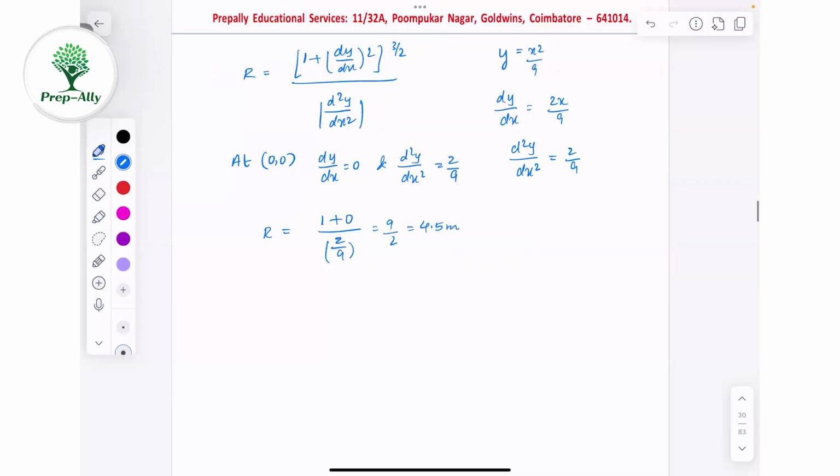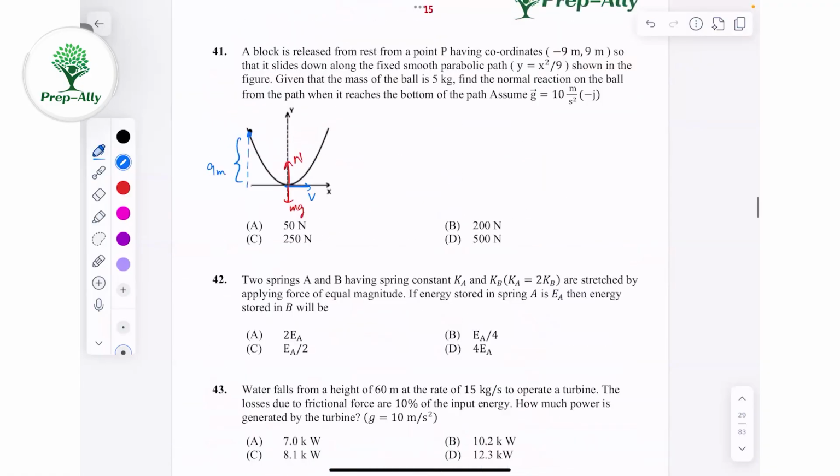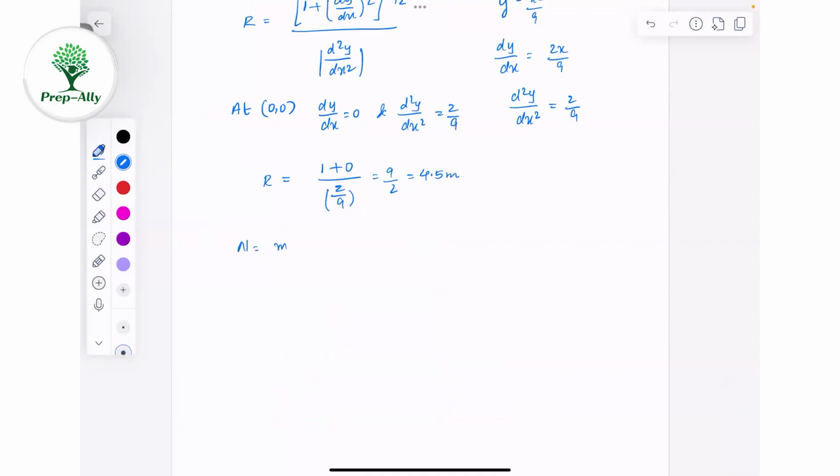So now we can get the normal reaction. Normal reaction is mg plus mv square by r. Now given that the mass of particle is 5 kg, this is 5 into g, that is 10, plus again 5 into v square, which is 180, divided by r, which is 9 by 2.